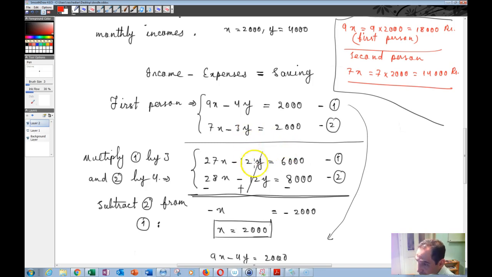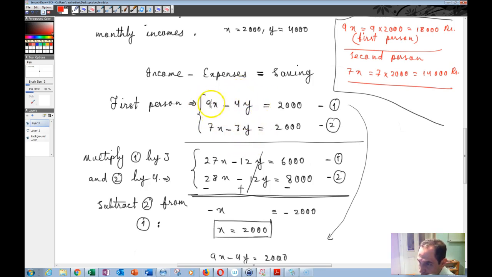And of course, the variable that you eliminate depends on which one is easier to eliminate. For example, in this case I could have eliminated x as well, but since the coefficients of x are larger than the coefficients of y, I chose y.